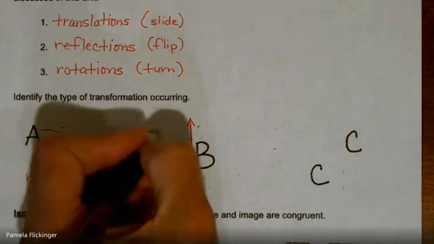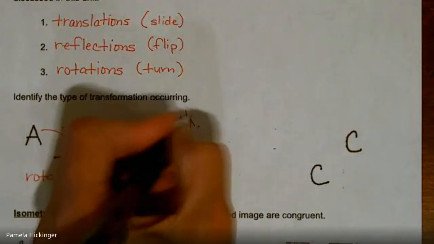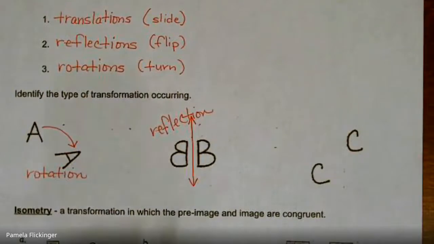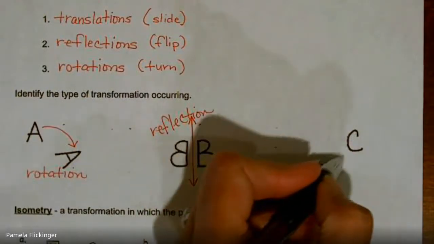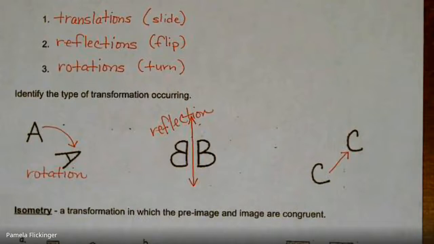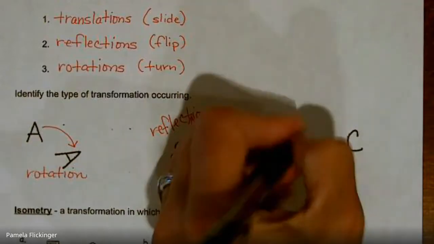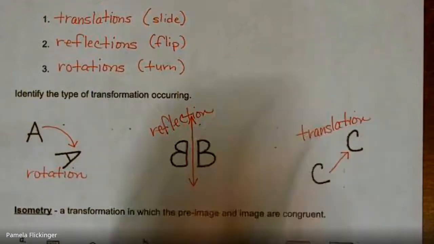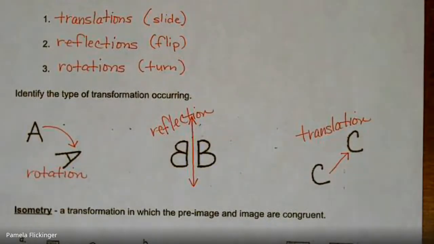So this is a reflection. And then the letter C just looks like it was moved or shifted in that direction. So that is a translation. All right, so hopefully very simple like that, you can look at a picture and identify which type of transformation is taking place.